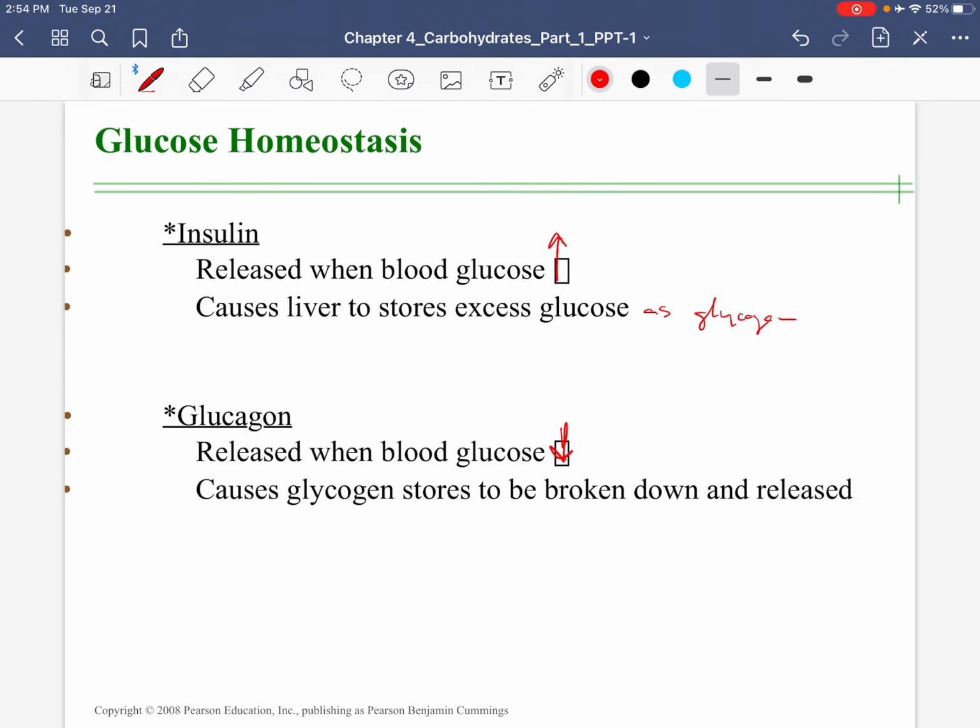On the other hand, glucagon is released when blood sugar is low, if you haven't eaten for a while. This is the hormone released from the pancreas that goes to the liver, and tells the liver to release glycogen stores.